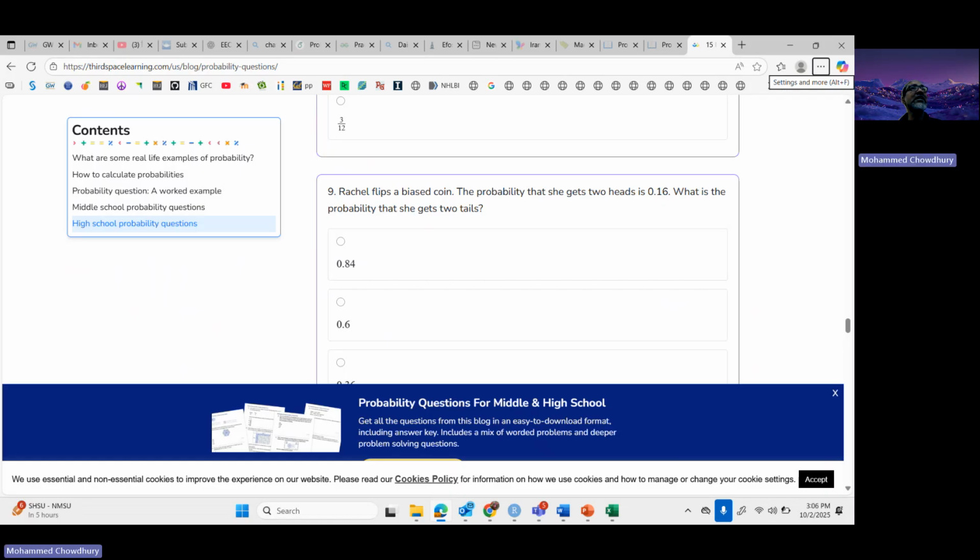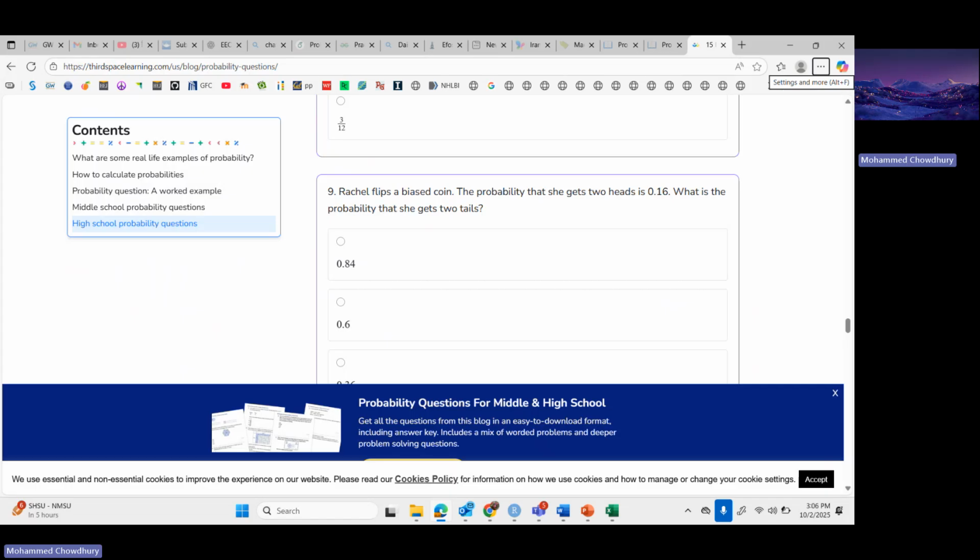No, the probability of each head is not equal to 0.16. 0.84 equals the remaining. That means 1 head 1 tail, and then 2 tails.